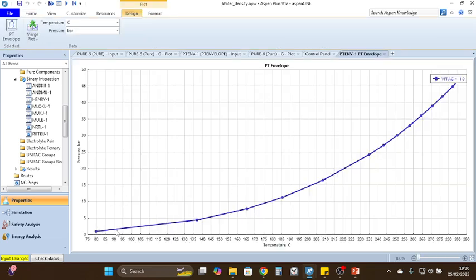So this is the PT envelope for benzene. Can anyone tell me what is the bubble point temperature of benzene at 1 atmospheric pressure, from this graph over here?